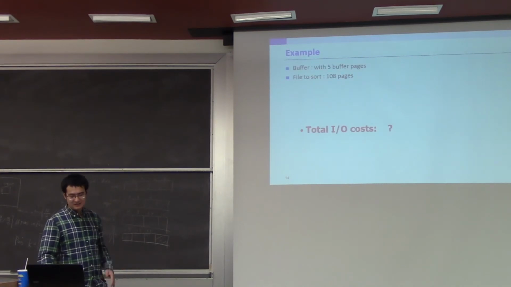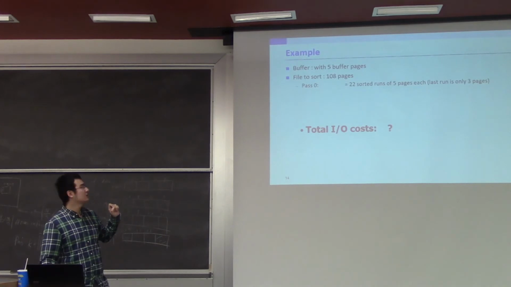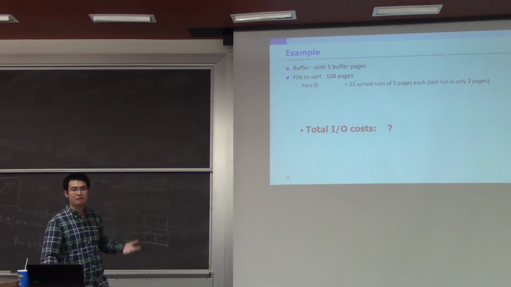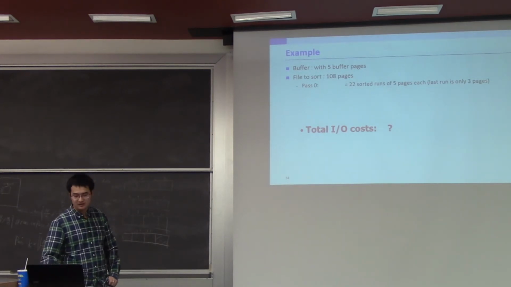So for pass 0, we will have 108 over 5 sorted runs of pages. Each run will have 5 pages, with the last one being only 3 pages.